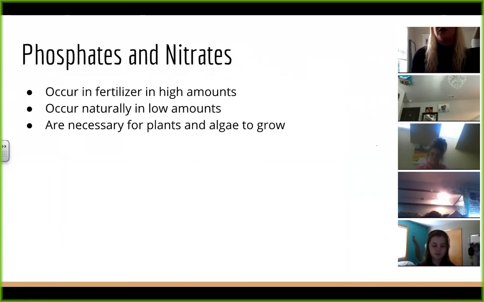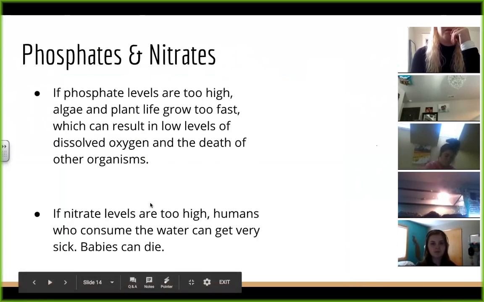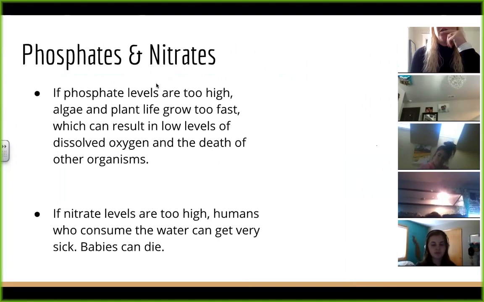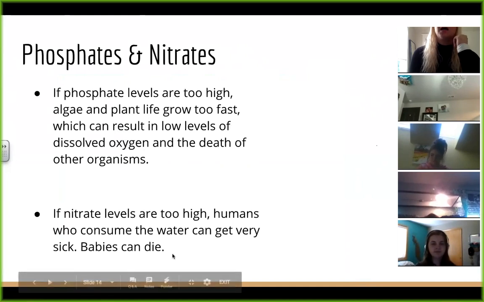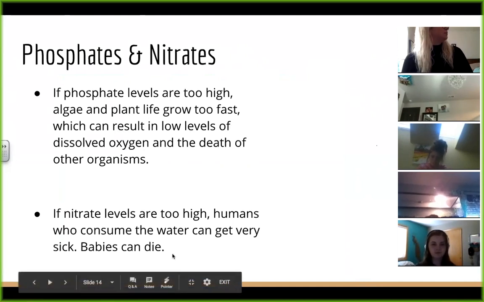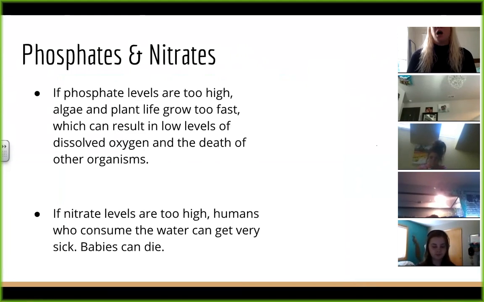Because phosphates and nitrates cause plants and algae to grow, they grow out of control, and then they kill everything else, right? The other problem that we end up seeing, eutrophication is described right here in this first paragraph, we talked about that already, is that nitrate levels can actually specifically impact humans. If there's high nitrate levels in water, it can actually kill babies, right? Because they have a small body mass.